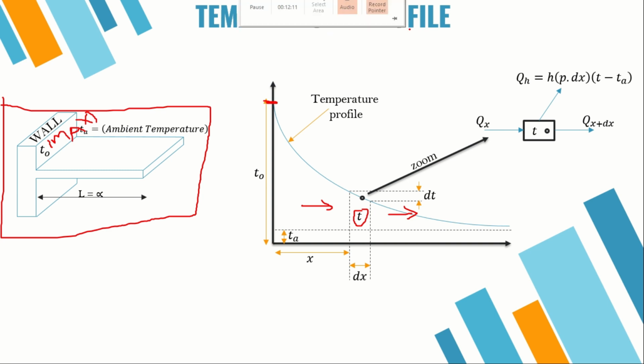Now the heat flowing in this area, we assume, is Qx, and the heat from this area would be Q x plus dx, as we have moved from this point to this point.